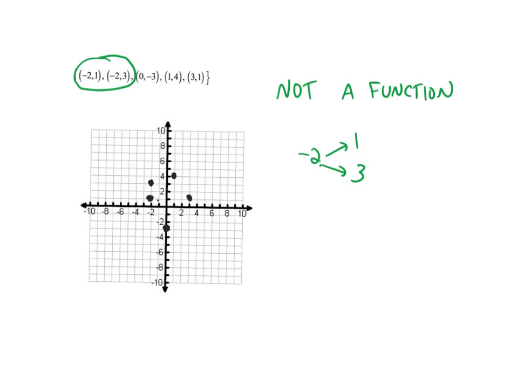Another way to look at this one, if you remember from algebra, we had what was called the vertical line test. So a vertical line test said that every function will get intercepted by a vertical line at most once. So if I look at a vertical line here, you see it hits 2 of the points. So that also makes it a non-function.